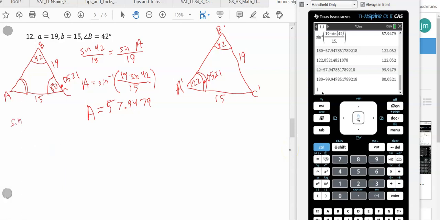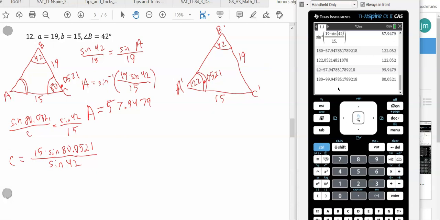So we get sine of 80.0521 over, I guess it's little c, equals sine of 42 divided by 15. So little c is equal to a big fraction here. It'd be 15 times sine of 80.0521, all divided by sine of 42. Okay, let's type that in.